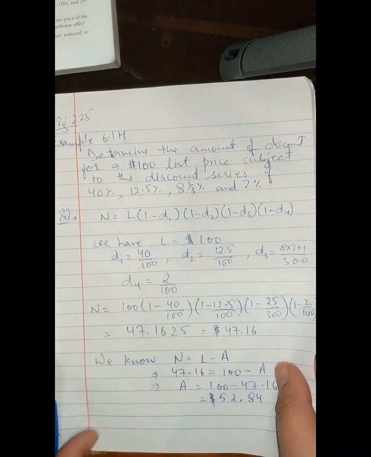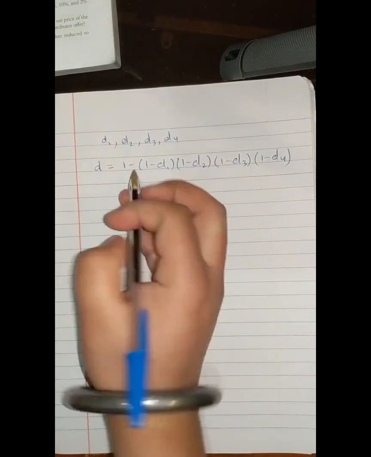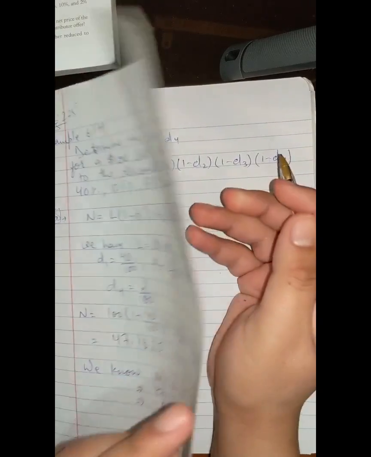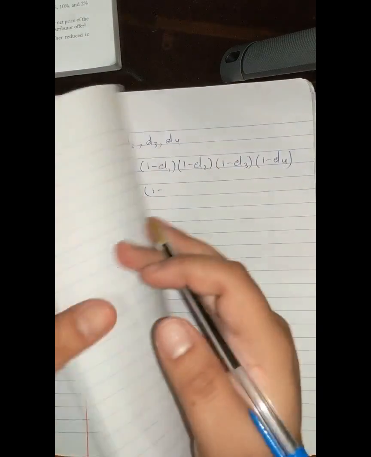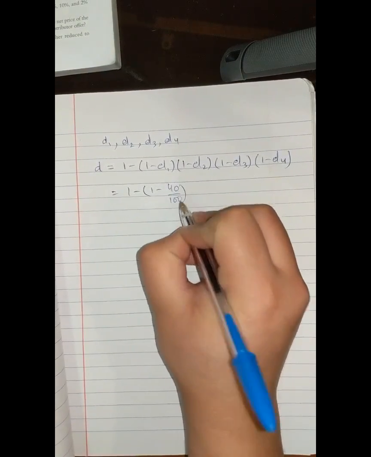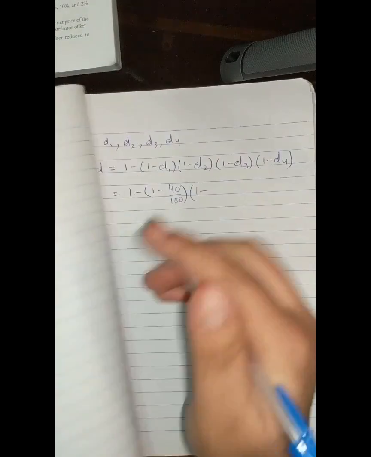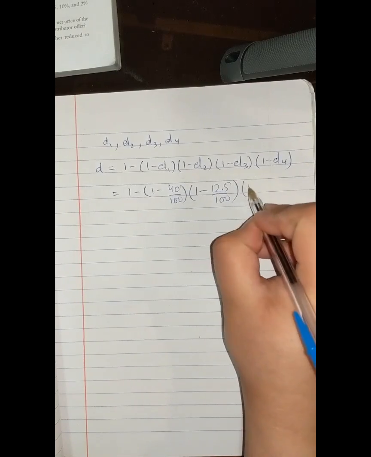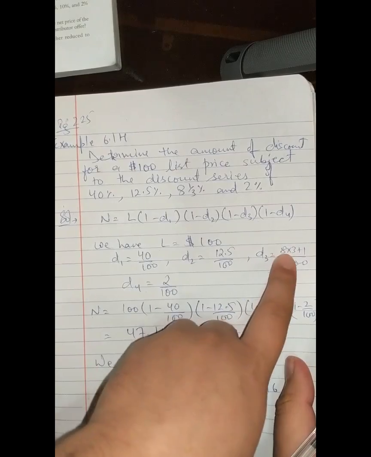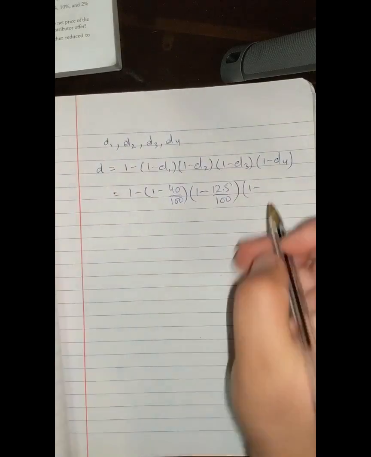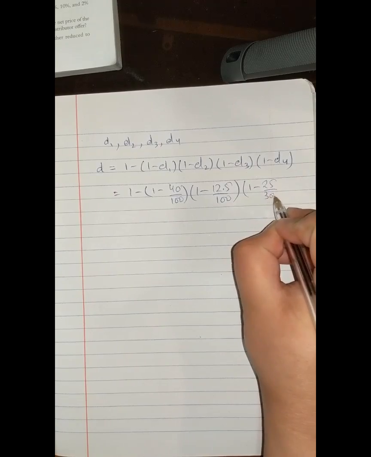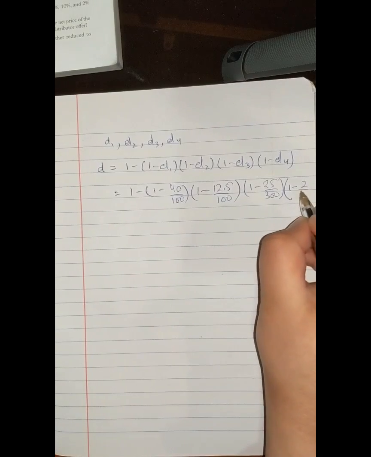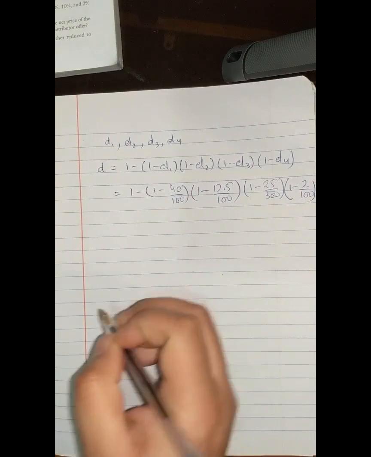D equals 1 minus (1 minus 40/100)(1 minus 12.5/100)(1 minus 25/300)(1 minus 2/100), right?